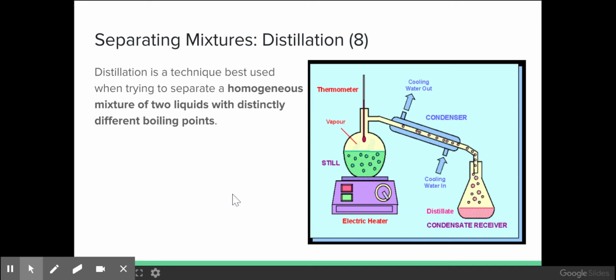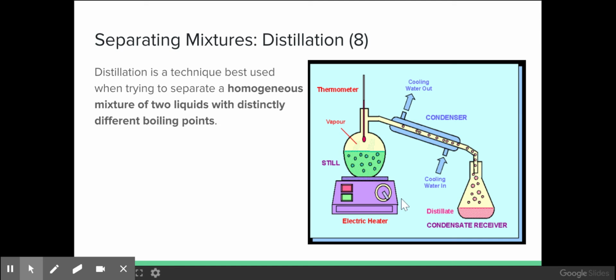Distillation is the second type of separation technique that we can use. When we have a homogeneous mixture of two liquids that have distinctly different boiling points, distillation becomes the most appropriate.